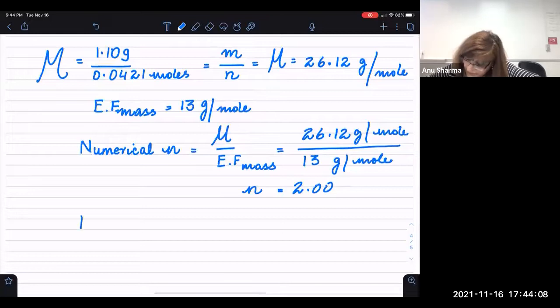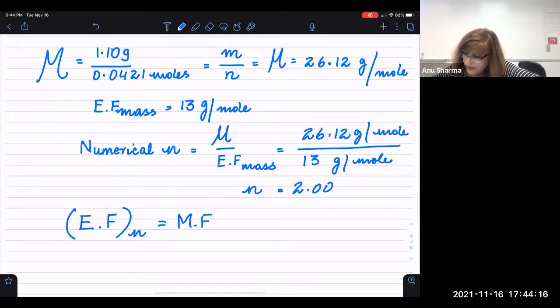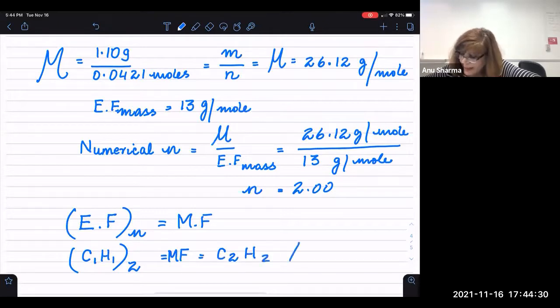Now we have the empirical formula times N is equal to molecular formula. In other words, C1H1 times 2 is equal to the molecular formula, and that is equal to C2H2, and that is the formula for acetylene.